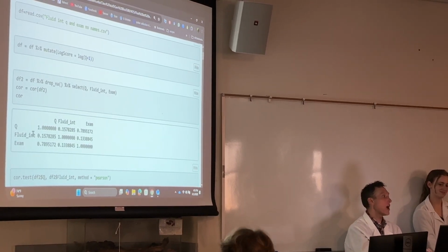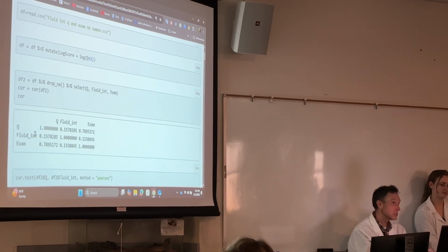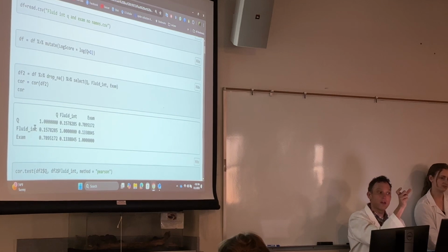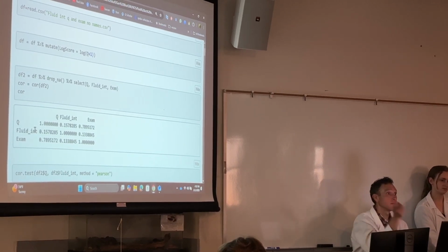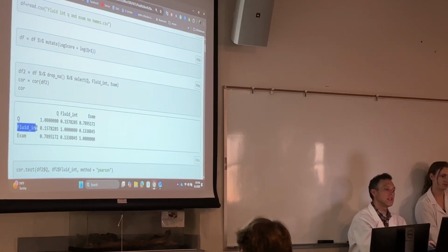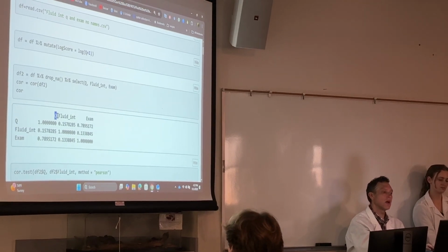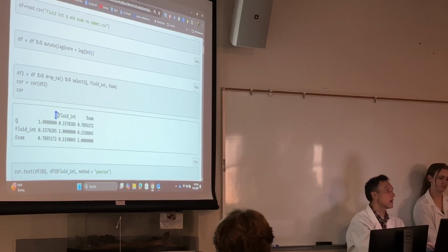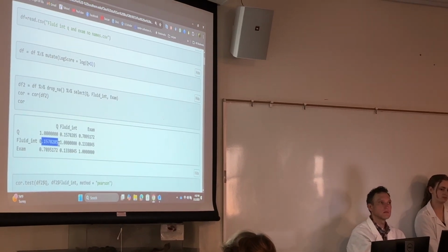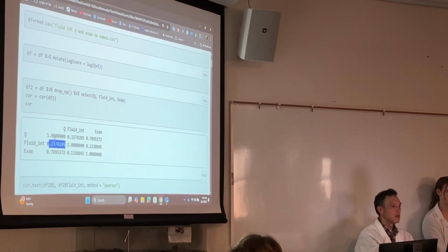But if I were to say, how similar are you to your parents, what would that be? So you would have an R squared value here of 0.5, okay? So how related is fluid intelligence to how well you did on that question? Well, about 16%, okay?